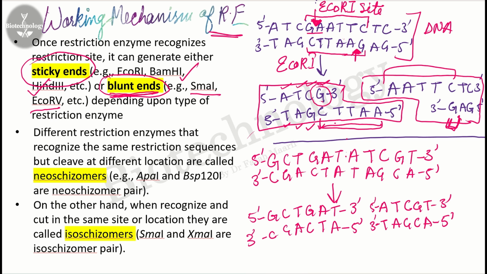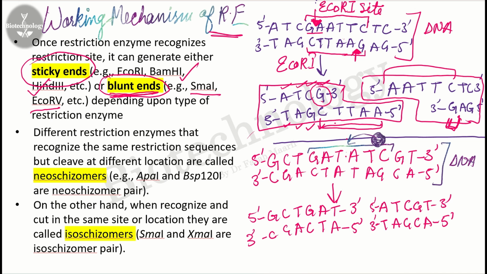Suppose this is again the strand of the DNA molecule, and this is the site for EcoRV: GATATC. When you make a cut using EcoRV, the enzyme comes, for example, this is an enzyme.